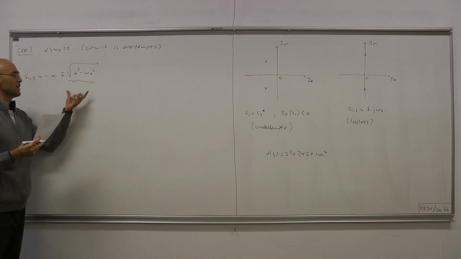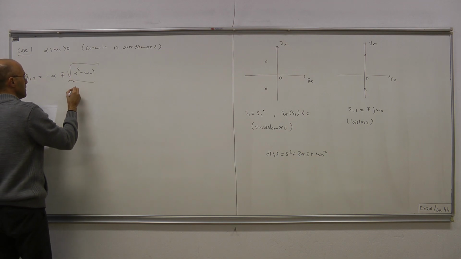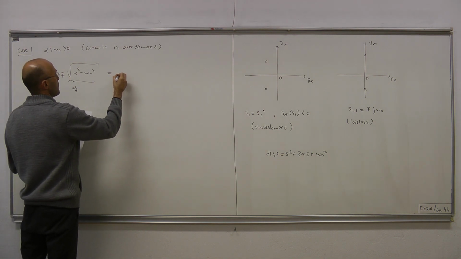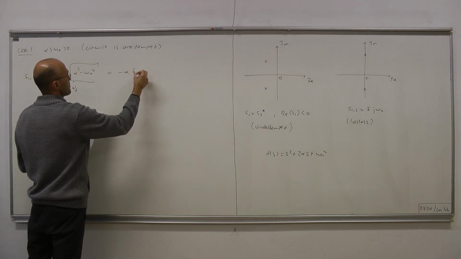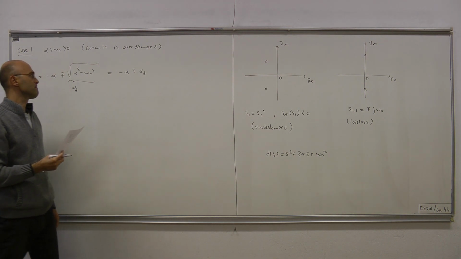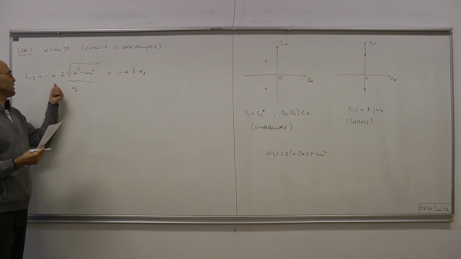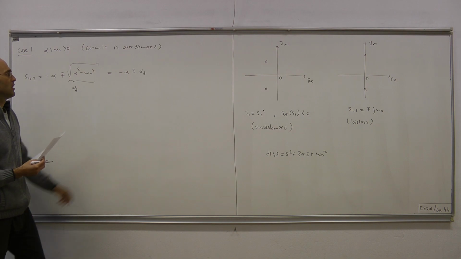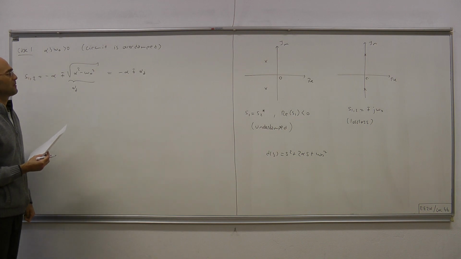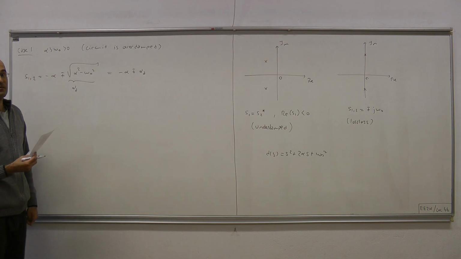And suppose that the outcome of that square root is what we call alpha d. Therefore, we have minus alpha plus minus alpha d. Both alpha and alpha d are positive, and the magnitude of alpha d is smaller than the magnitude of alpha. So both roots are real and they're negative.